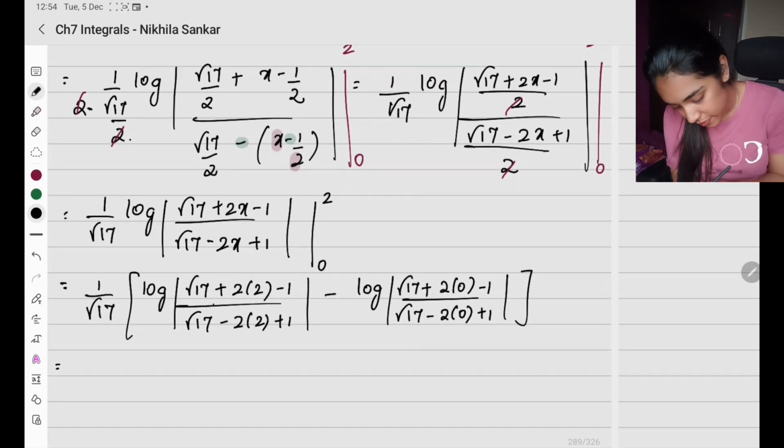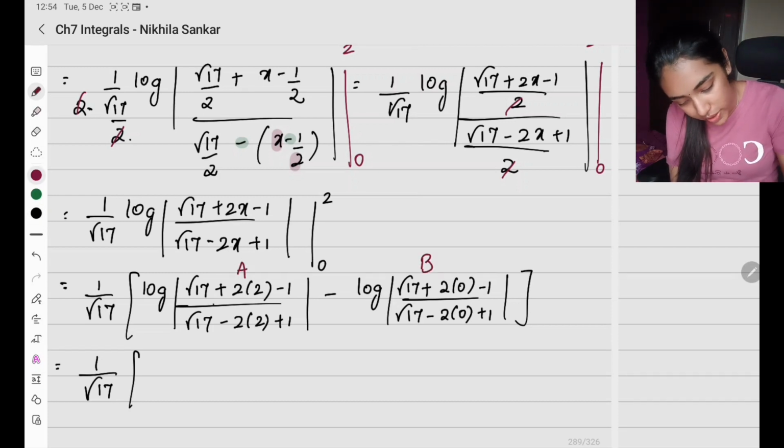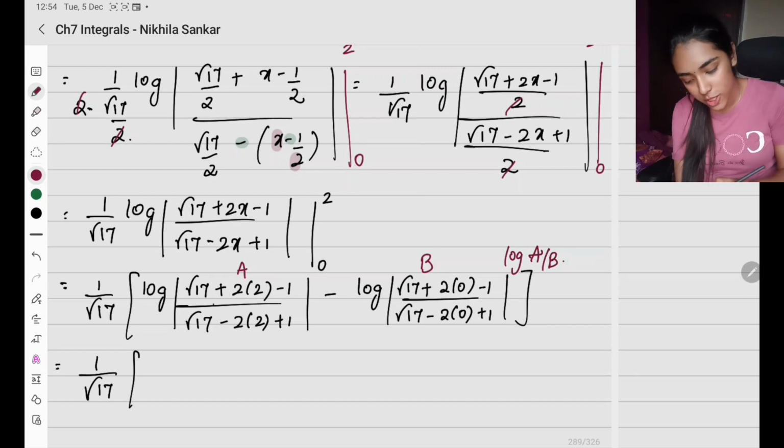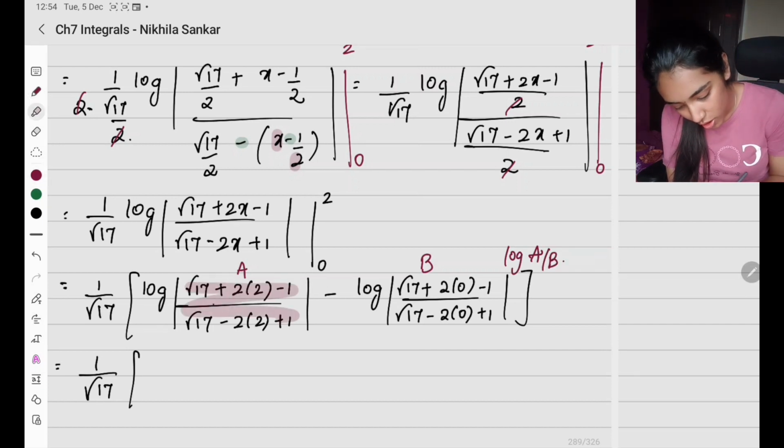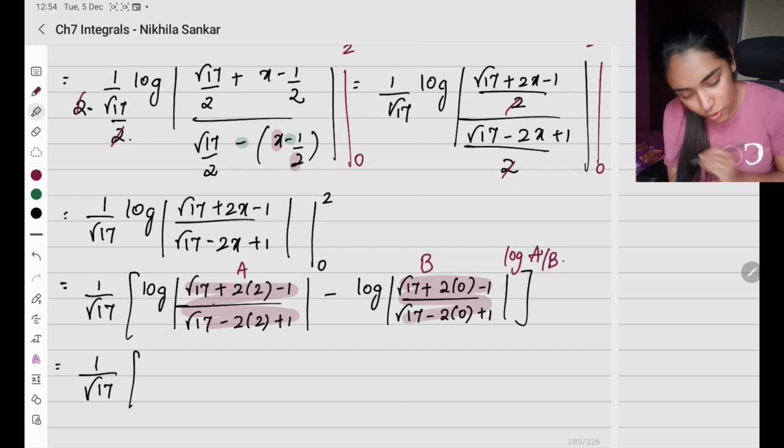So this, when I simplify, I have 1 by root 17 times log of a minus log of b is going to be log of a divided by b. What is my a? It is going to be this. So log of a divided by, this is going to be my log of b.